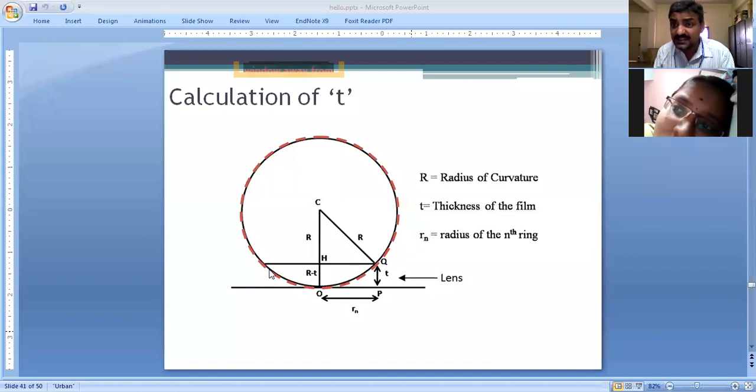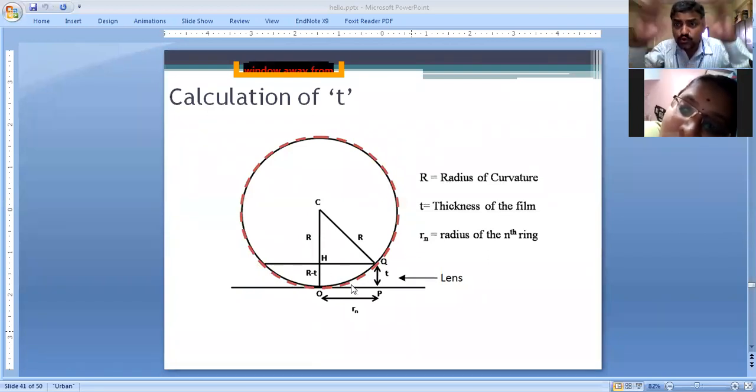So whatever is the radius of the watermelon, that will be the radius of curvature for the given plano-convex lens. So this plano-convex lens can be imagined as a part of a huge glass sphere whose radius is this capital R, right? So this capital R represents the radius of curvature for this given plano-convex lens.